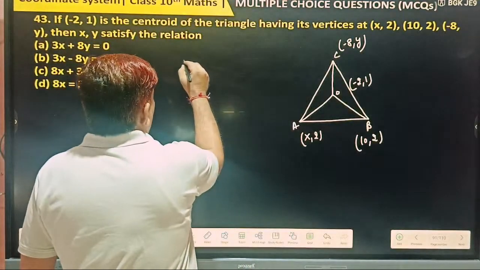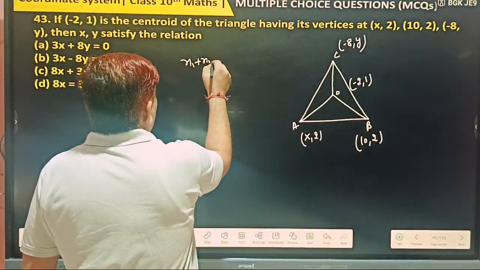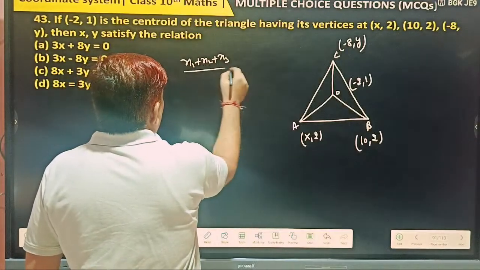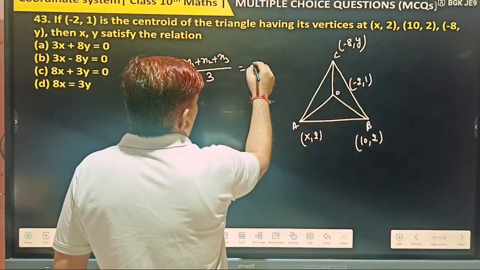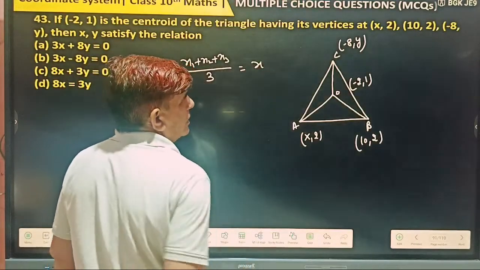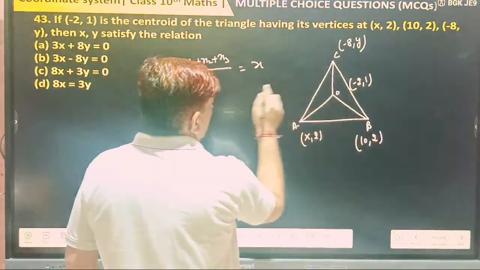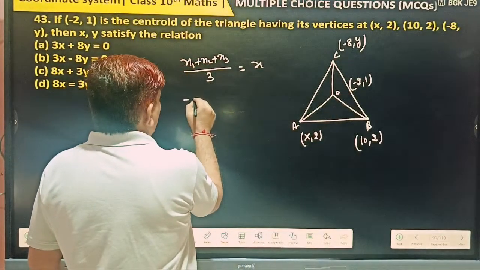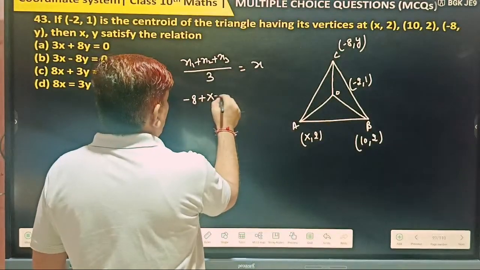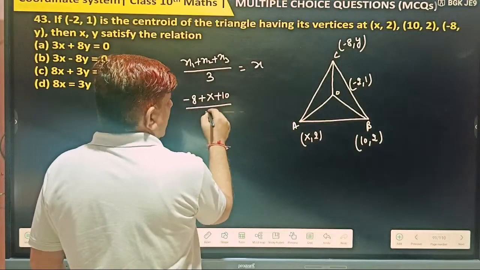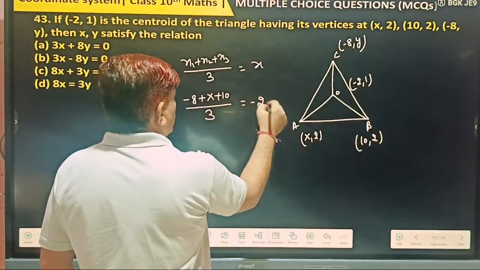So use this formula, (x1 plus x2 plus x3) by 3 equal to x, where x is the coordinate of this point. So what's your x1? Minus 8 plus x plus 10 by 3 equal to minus 2.